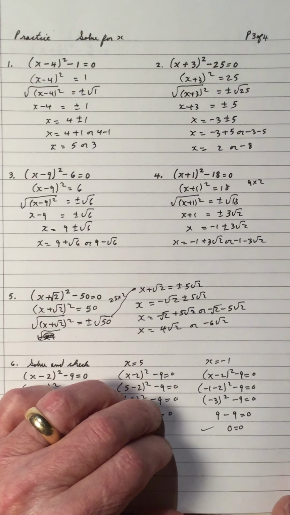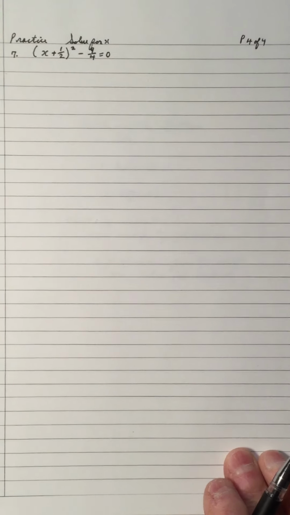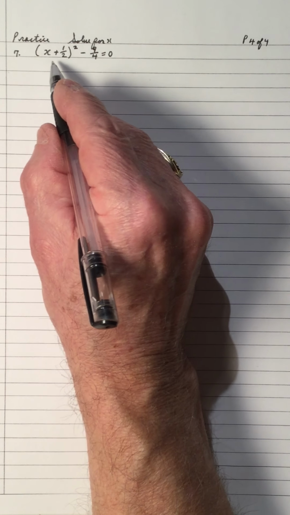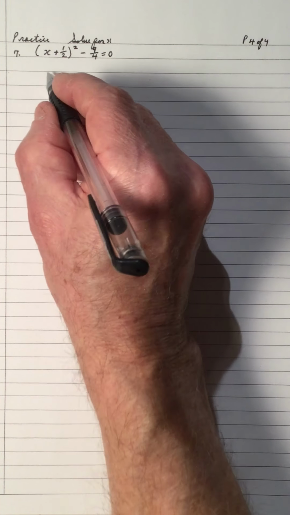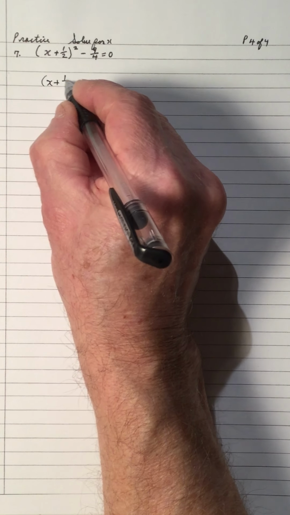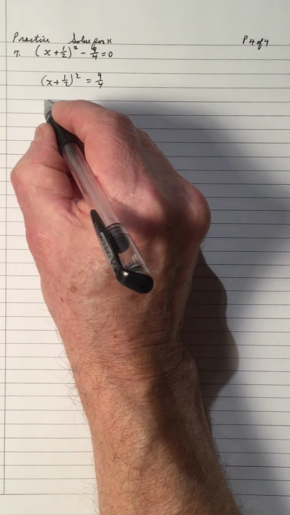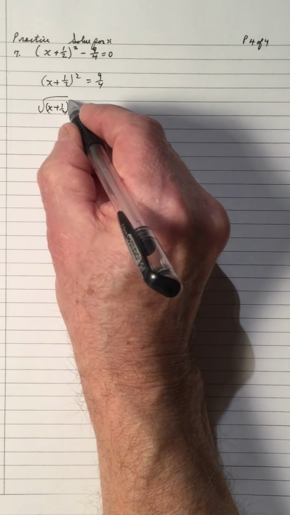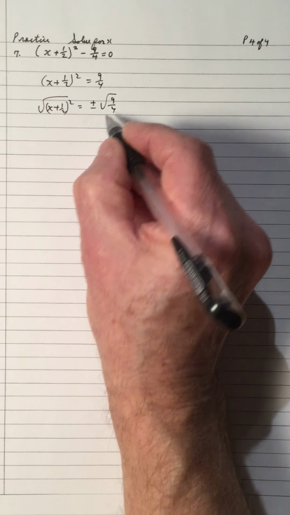And let's turn, if I can get this page turned over here. Let's do the next page. And we have one more to practice. Again, pause the video, work this out to see if you get the answers. So here we go. X plus a half squared equals 9 over 4. So the square root of x plus a half squared equals plus or minus the root of 9 over 4.